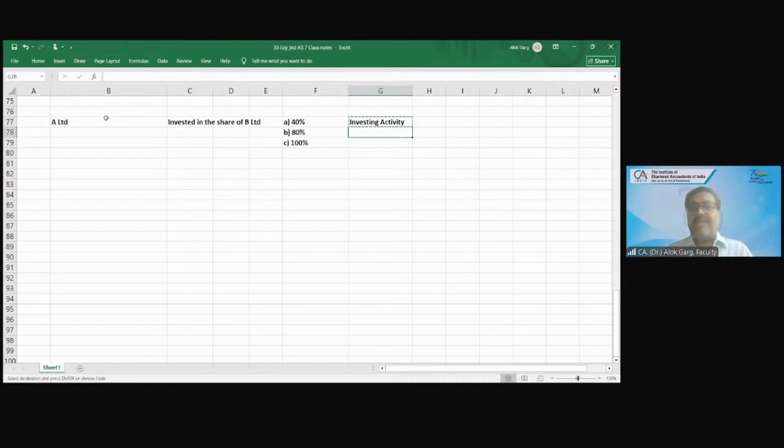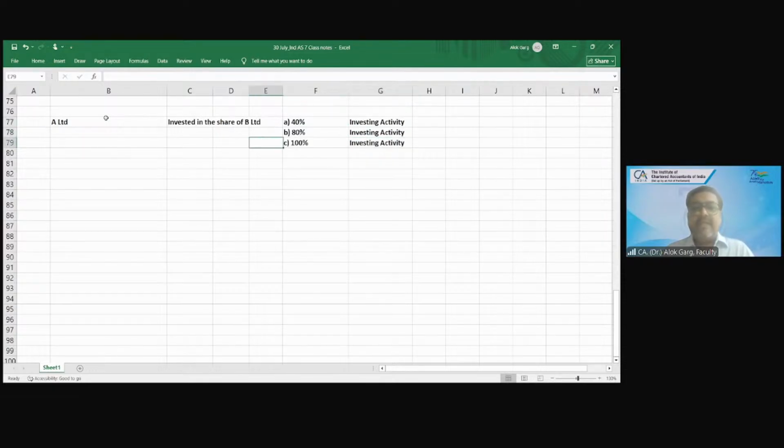Even if the company has invested 80% and it becomes a subsidiary, control has come, so it becomes a strategic investment, and again it is an investing activity. Whether it is 40, 80 or 100, you will get the return in the form of a dividend. Whenever you invest through equity shares, you get a return in the form of dividend, and second, you can sell your stake and release your money. So the nature and substance are the same in all the cases.